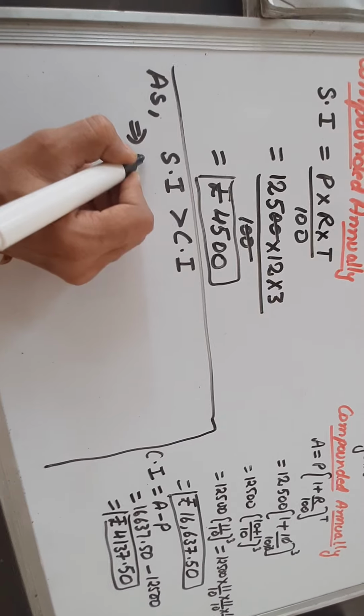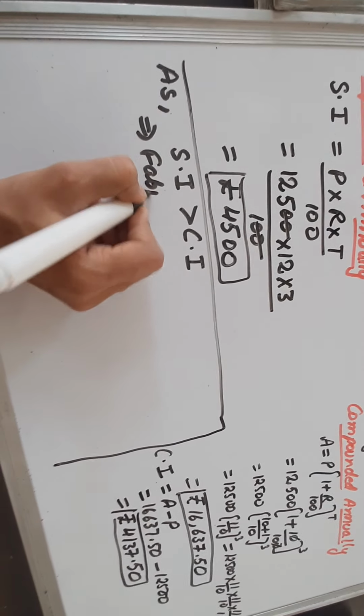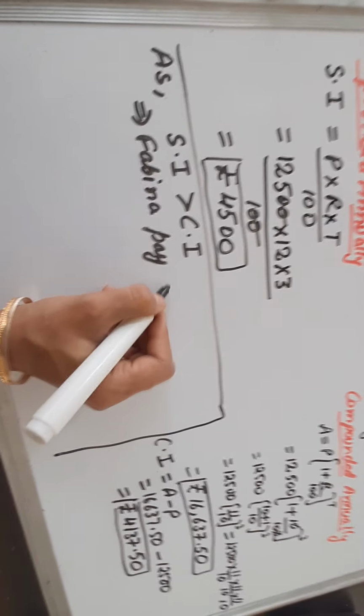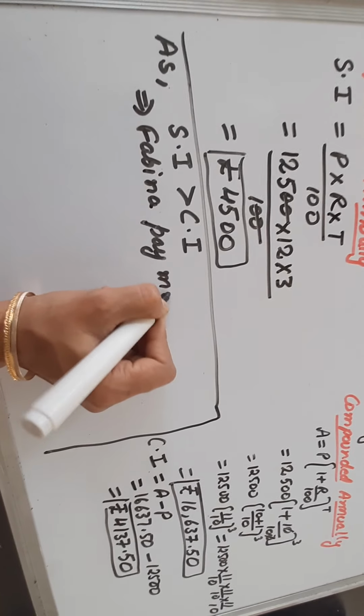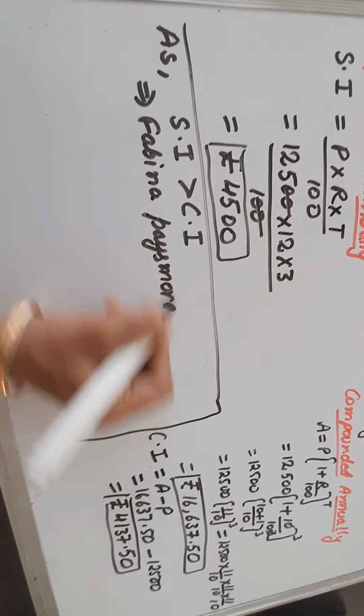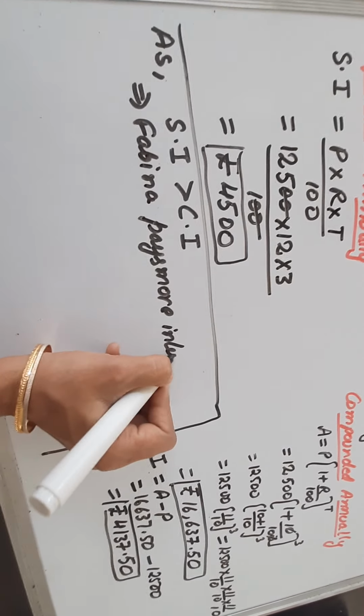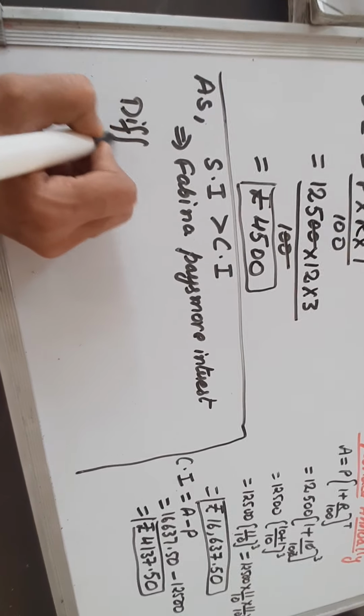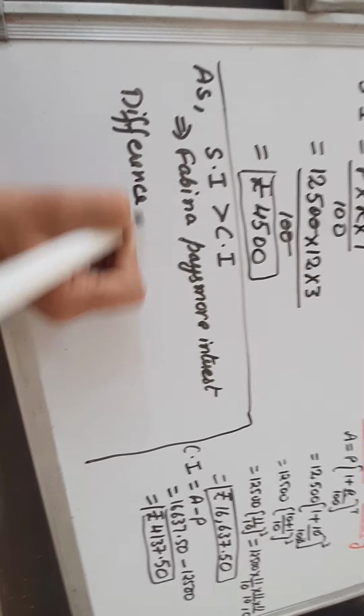This implies Fabina will pay more interest. And how much extra? कितना ज़्यादा? The difference is, difference के लिए क्या करेंगे?